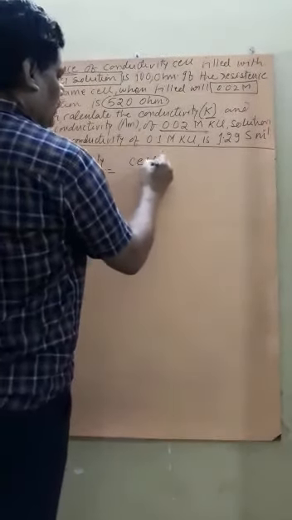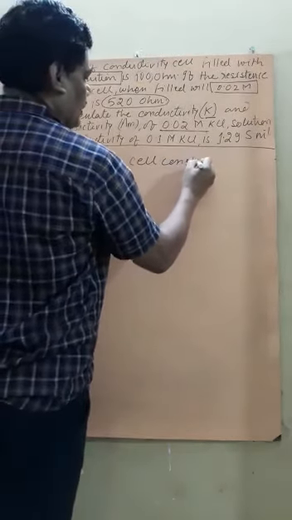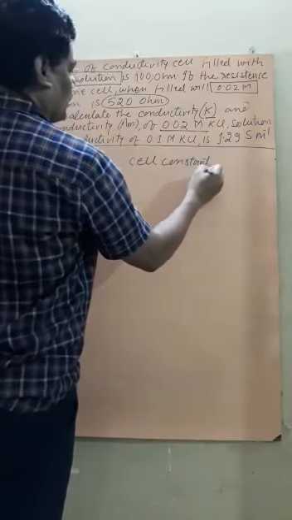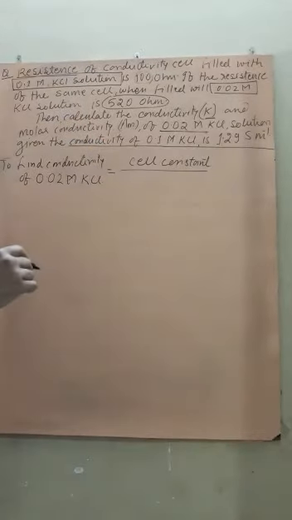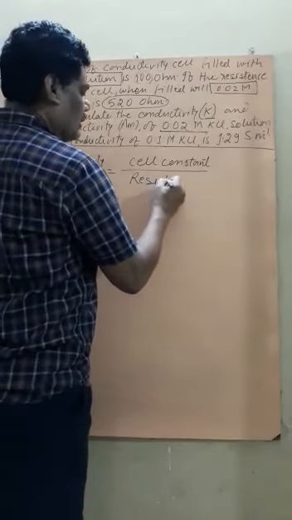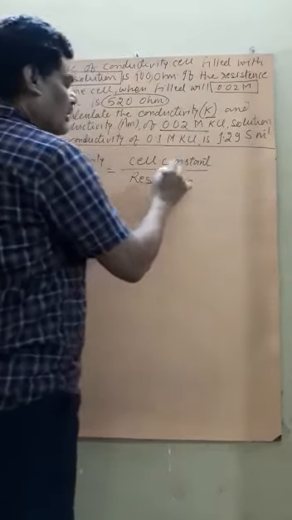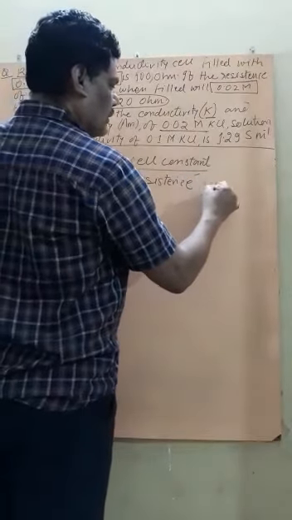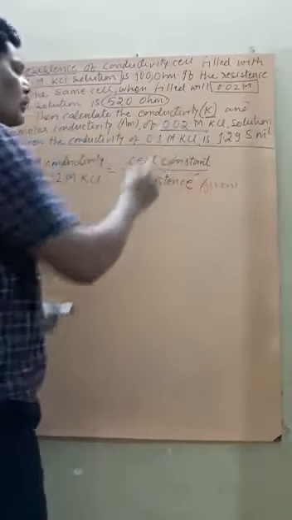Conductivity is equal to cell constant divided by resistance. Now the resistance value is given in the question, but the cell constant is not given.